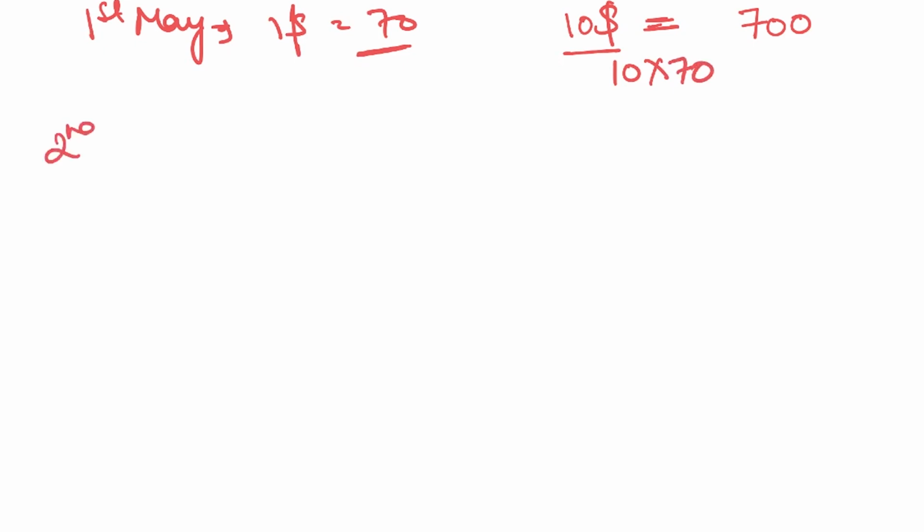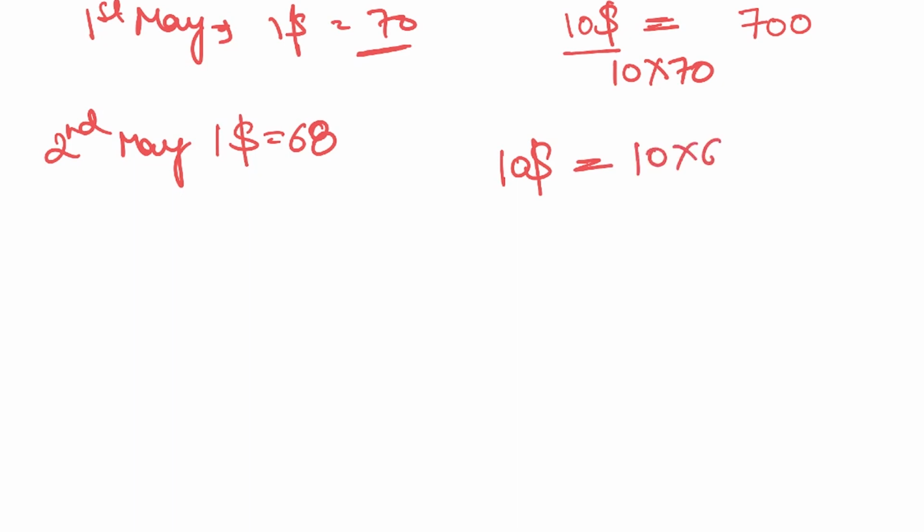Let's assume on 2nd May the value of the Indian rupee has appreciated, and now $1 is equal to 68 rupees. Again this importer has purchased goods worth $10 from America. Now you see that 10 into 68 is 680 rupees, right?